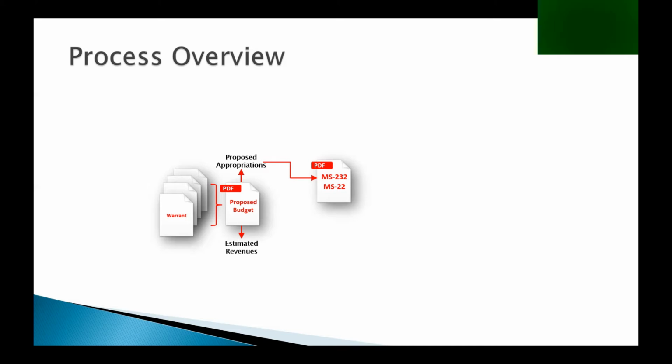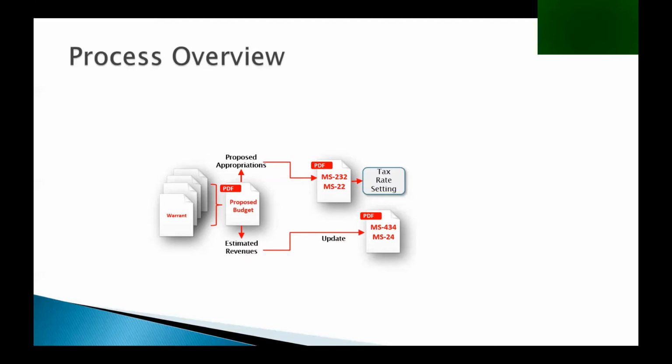As for the estimated revenues, later on in the year you have the opportunity to revise those, and you submit the 434 or the 24 with those new estimated revenues back to the DRA. All of this ultimately feeds into the tax rate setting process itself.